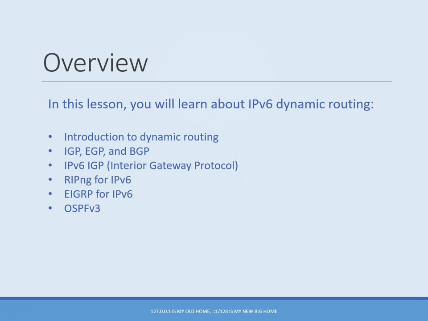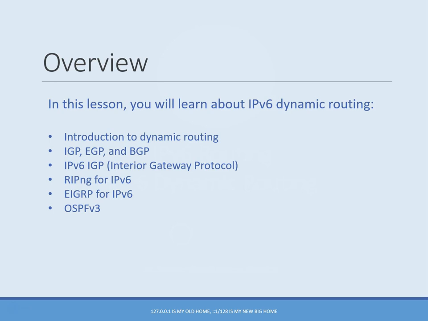We will introduce dynamic routing, then we are going to know what the interior gateway protocol and exterior gateway protocol are, and also the border gateway protocols available for IPv6.